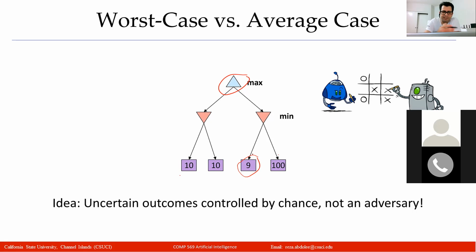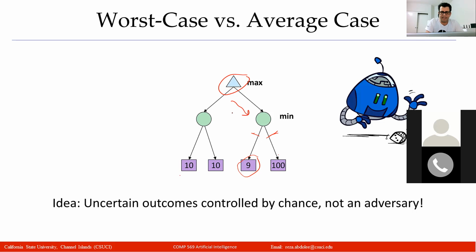Since there is some uncertainty or randomness in his behavior in choosing this and this, we can take our chance, maybe going to this route. So in this lecture, we are going to solve those kinds of adversarial search problems that involve uncertainties.